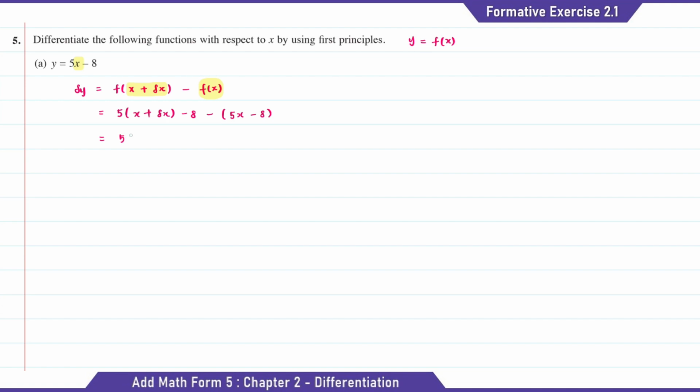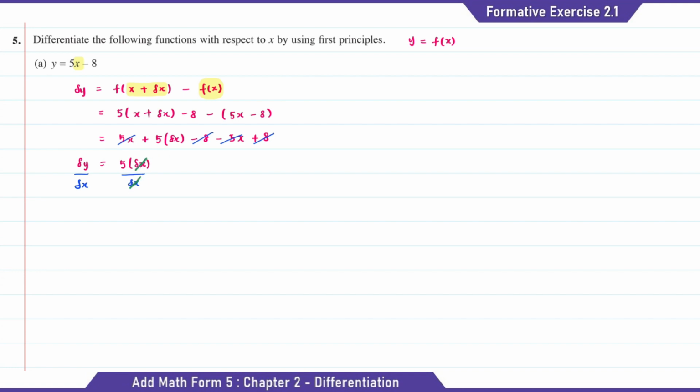Expand this: 5x plus 5 delta x minus 8 minus 5x plus 8. So here 5x minus 5x will be cancelled, as well as negative 8 plus 8. Then delta y is equal to 5 delta x. Next, I'm going to divide both sides by delta x.